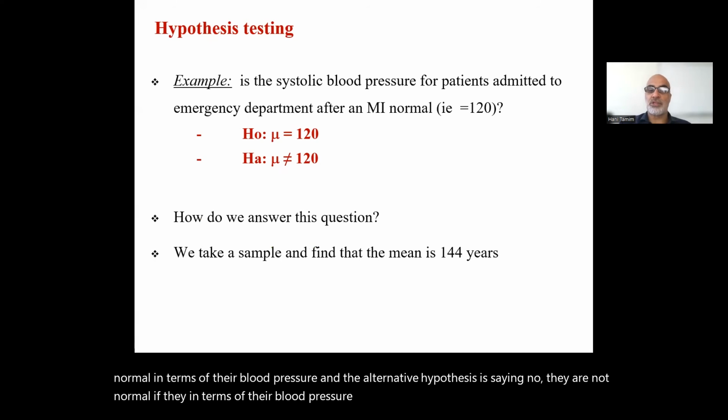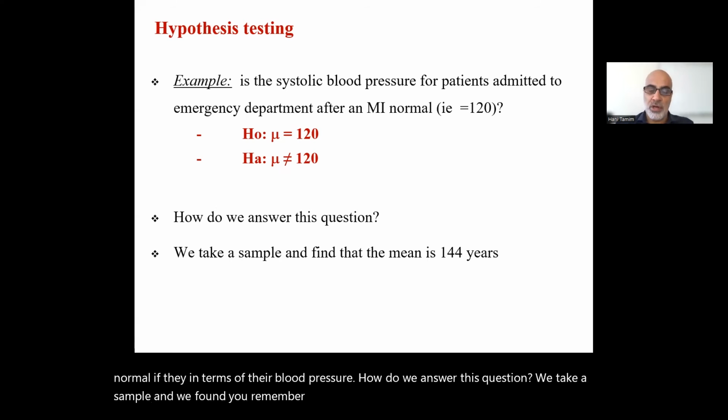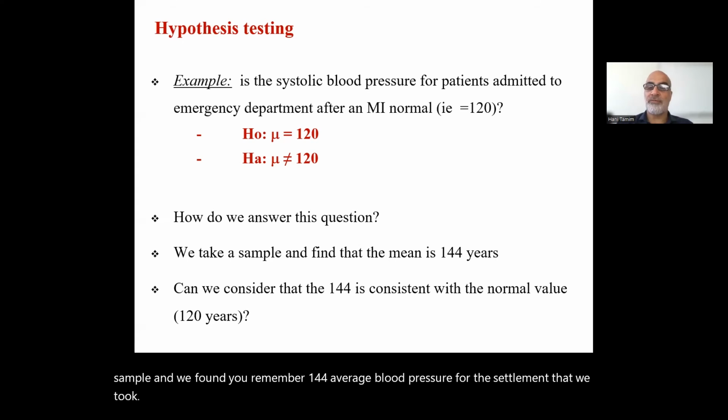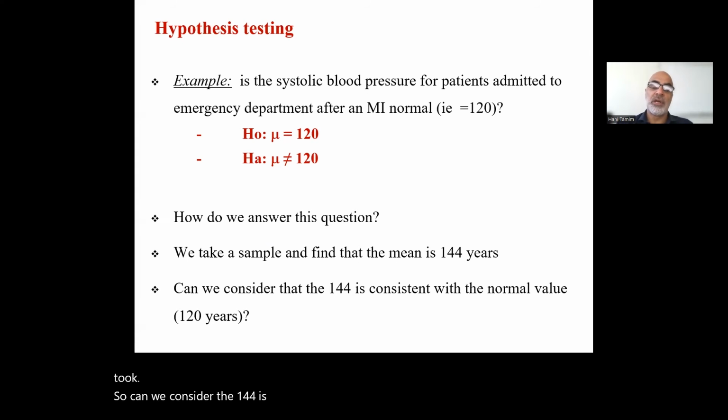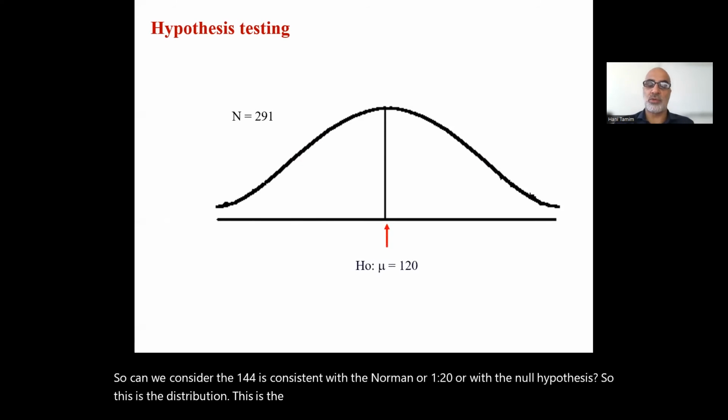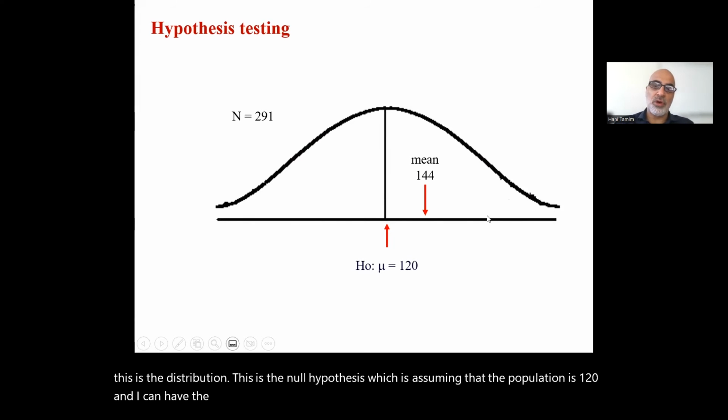How do we answer this question? We take a sample and we found, you remember, 144 average blood pressure for the sample that we took. So can we consider the 144 is consistent with the normal, or 120, or with the null hypothesis? So this is the distribution. This is the null hypothesis, which is assuming that the population is 120, and I can have the sample anywhere on this axis.